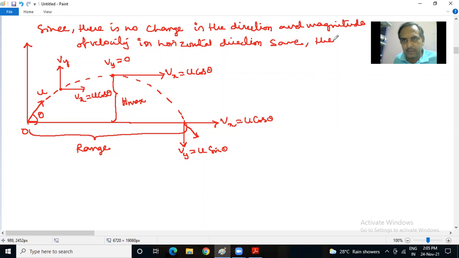There is no acceleration along the x-axis. So therefore ax is equal to 0. So at every point the horizontal velocity will be u cos theta.